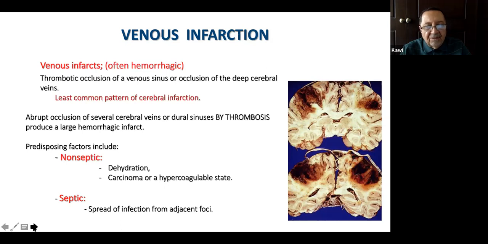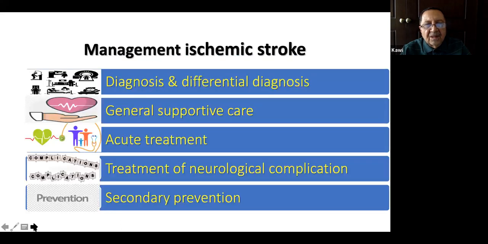The most common of that is inflammation in the middle ear, and that is in close proximity to the lateral sinus, and can cause thrombosis in the lateral and sigmoid sinus.